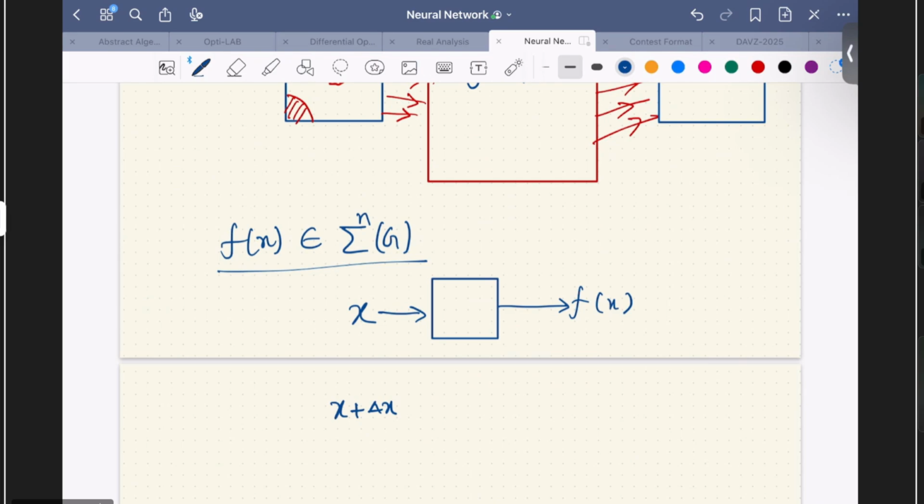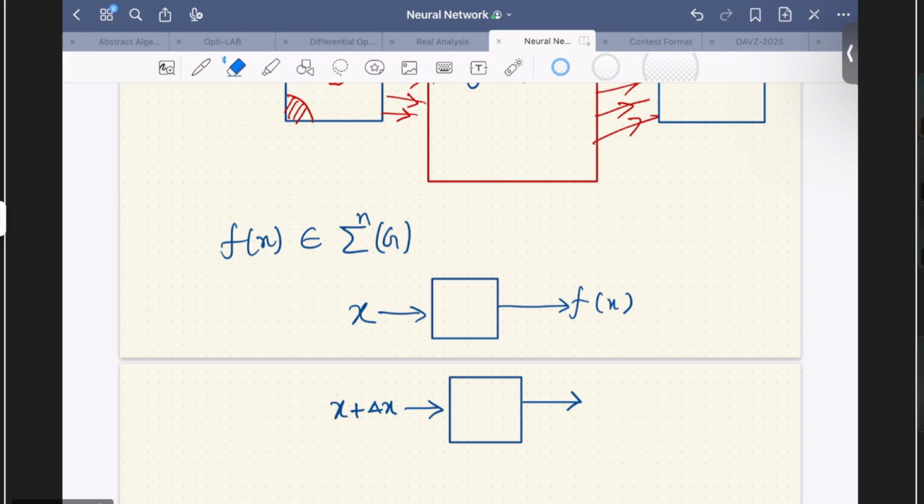It can be any data, like a picture, or music. It can be anything. And now, if you change the original information a little, what does the sigma net do? We are trying to get f of x plus delta x.